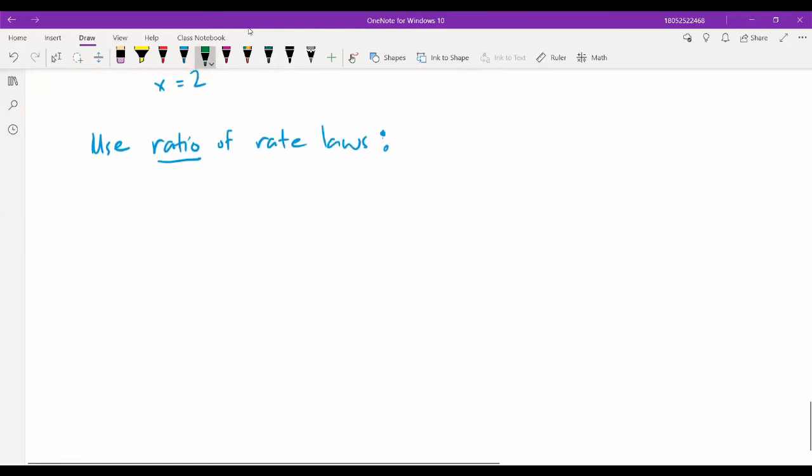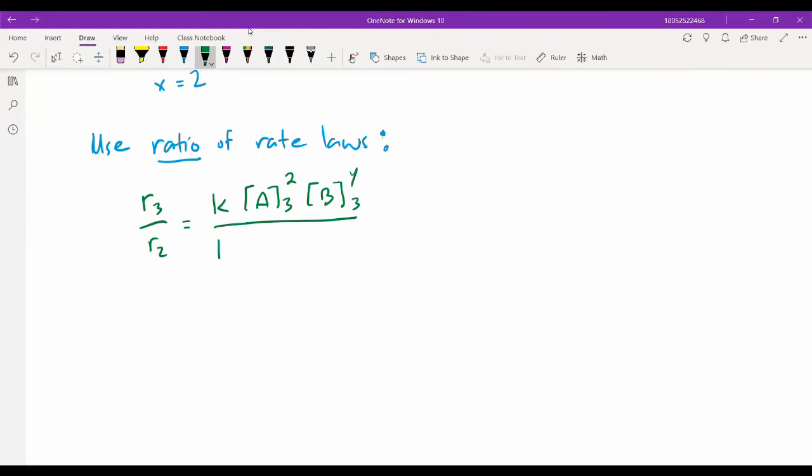So what I'm going to do here is write rate 3 over rate 2, and just write the rate law. And these subscripts just mean the values in experiment 3 and experiment 2.